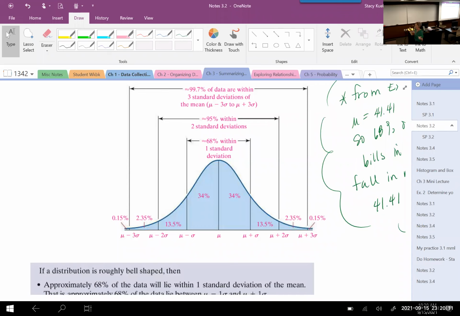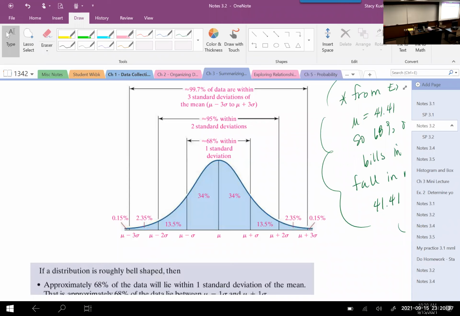If I'm outside of that, that's when we start saying, well, it might be unusual then for me to get a data point out here. So as we keep moving, if 95% of what I'm looking at occurred within 2 standard deviations, then think about that. I have 5% that doesn't get caught, right?